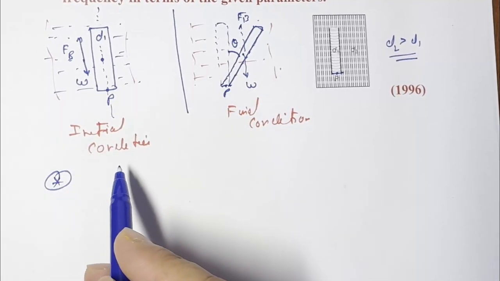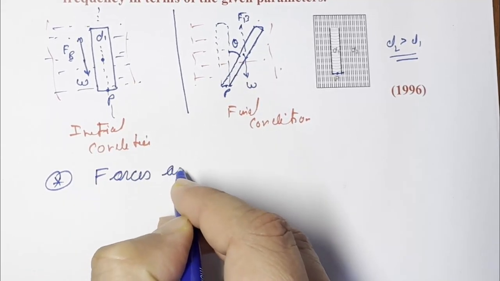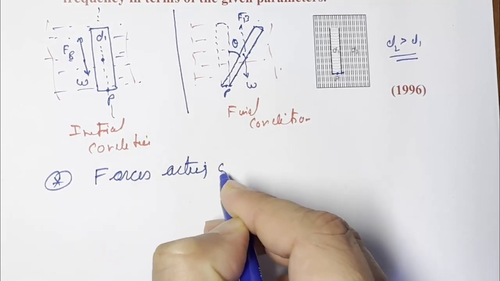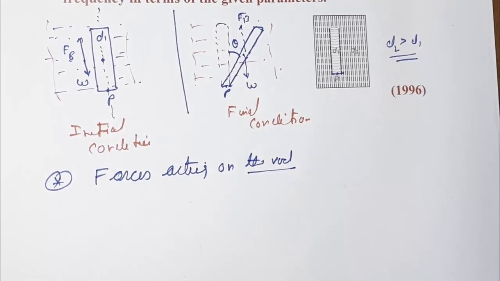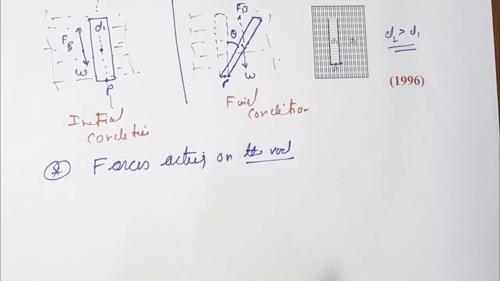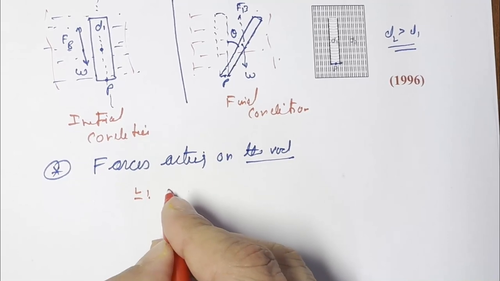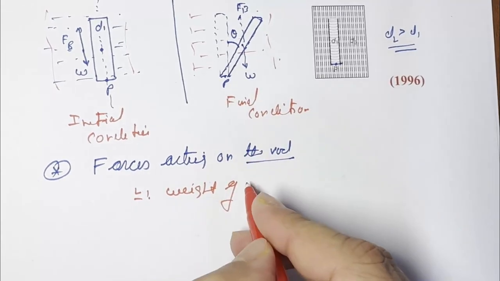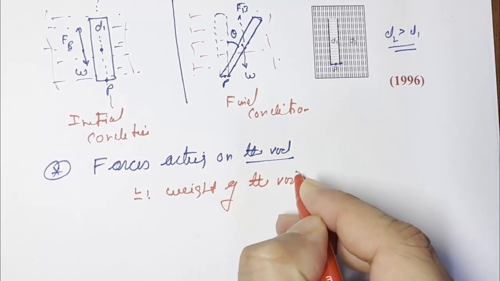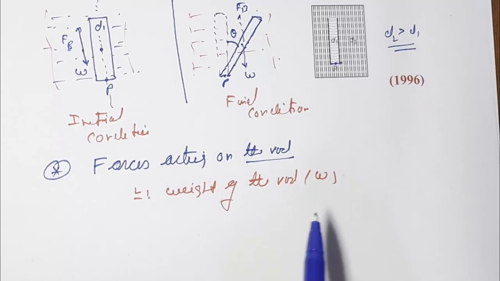The forces acting on the rod: first force will be the weight of the rod, which we said let it be W, and it will be acting in the downward direction.